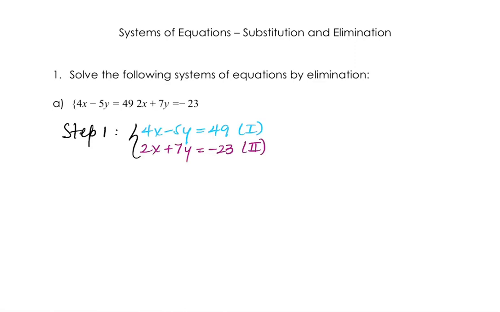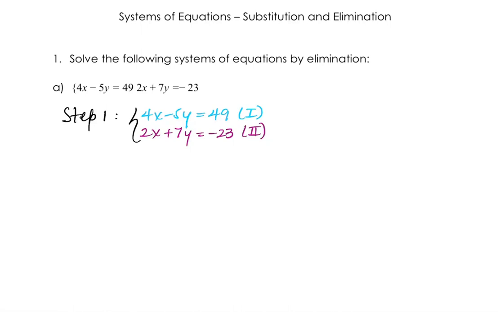Since this is a problem that we have to solve by elimination, we have to eliminate one of the two variables. In this case, we're going to choose to eliminate x. In order to eliminate x, we need to transform one of the two equations first. So let's try equation number 2, and we're going to do that by multiplying by negative 2.